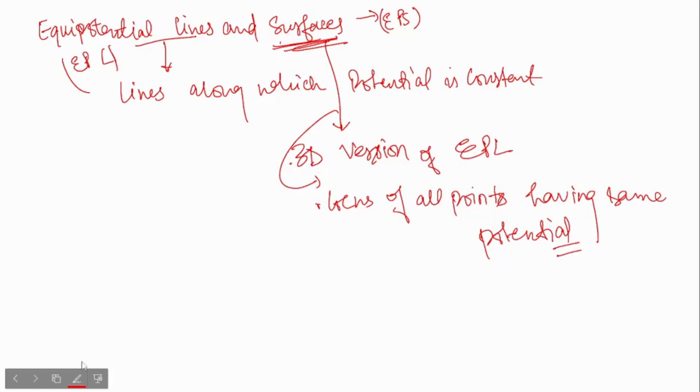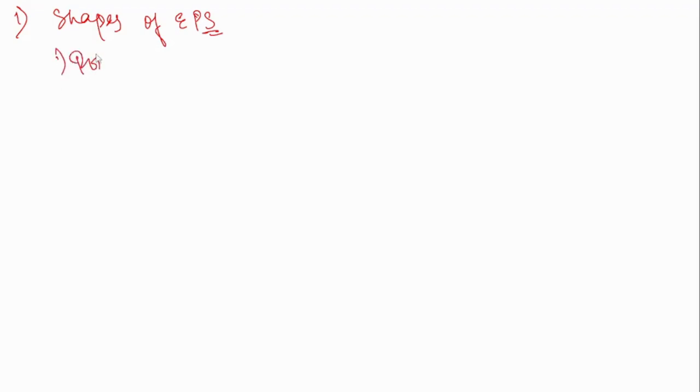Okay. Now we'll talk about shapes of equipotential surfaces. The first one is for a point charge. For a point charge, how does the shape of equipotential surface look like?